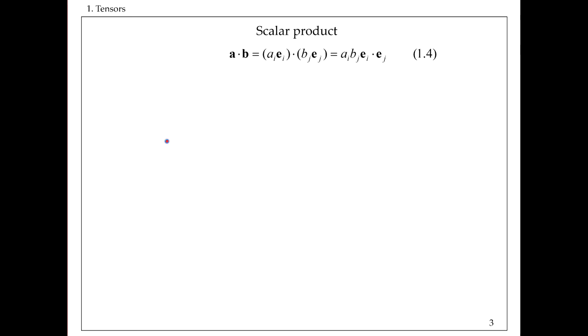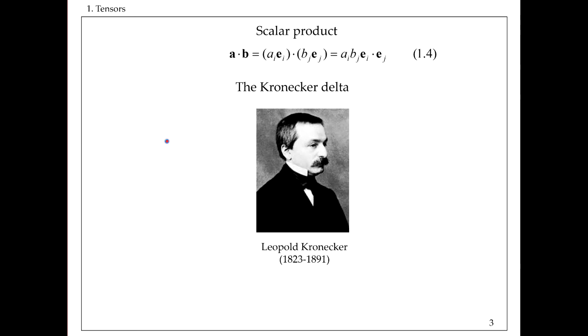And hence we can write this and give a name to the symbol that we'll introduce here. We can write that the dot product of e_i, e_j can be either 1 or 0: 1 when i equals j, which means we are projecting the same unit vector upon itself, and 0 for any other combination, where we're projecting it on its neighbors.